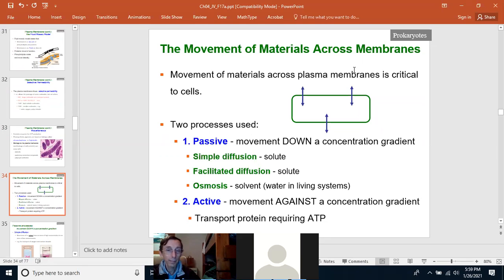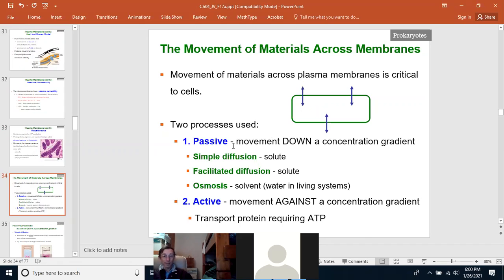So there are three passive processes, and the movement of material in a passive process is always down the concentration gradient, meaning the thing moving into the cell has to be higher outside the cell than inside the cell, or it's not going to move into the cell by a passive process.